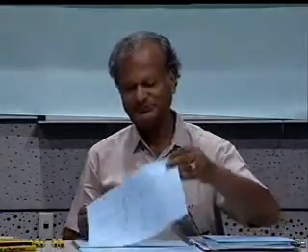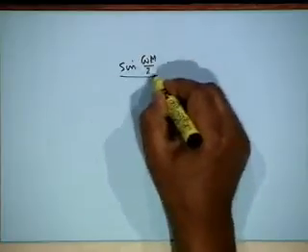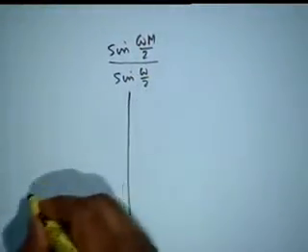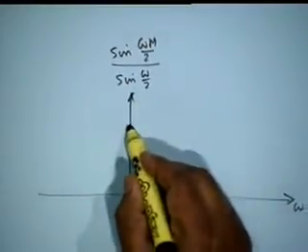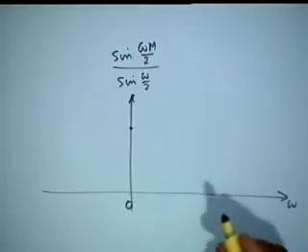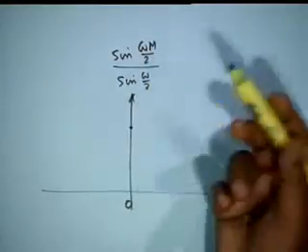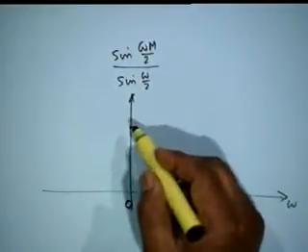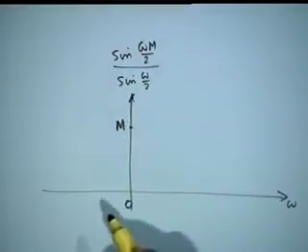For example, if I plot sine of omega M by 2 divided by sine of omega by 2 versus omega, then at omega equal to 0, it is of 0 by 0 form. So, you apply L'Hopital and get the result as capital M.